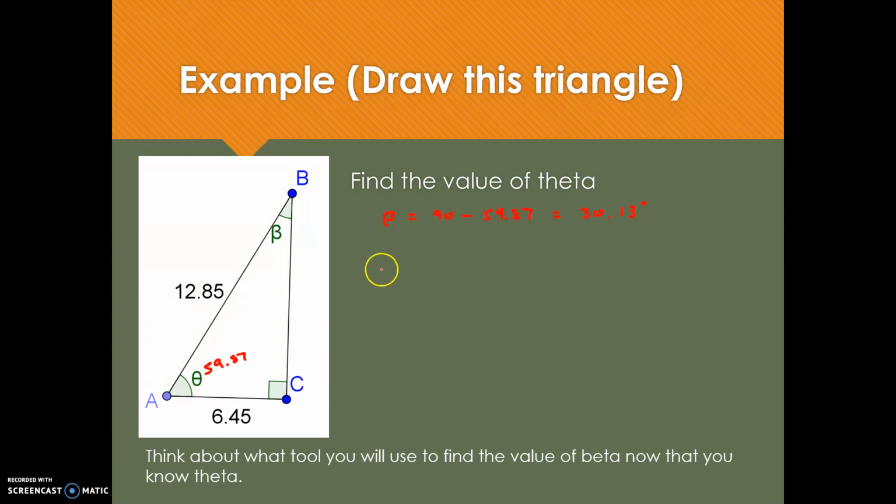If you want to go the full Monty, we know that a triangle is 180 degrees. We would subtract off the 90 and then subtract off the 59.87, and that would also give us the 30.13 degrees.